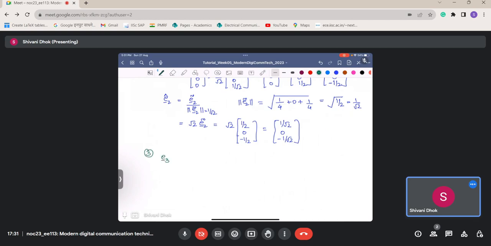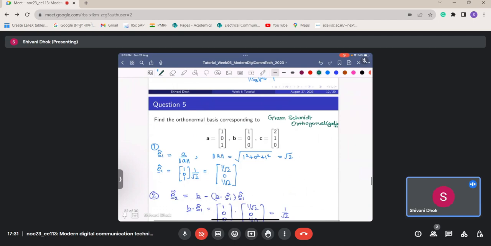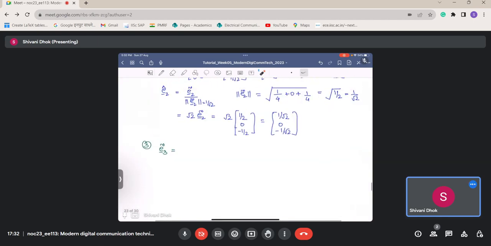Let us say it is E3 tilde. We need to subtract the components along E1 hat and E2 hat from C. So this will be C minus the dot product of C with E1 hat multiplied by E1 hat, minus the dot product of C with E2 hat into E2 hat.